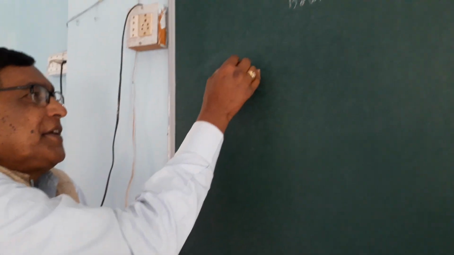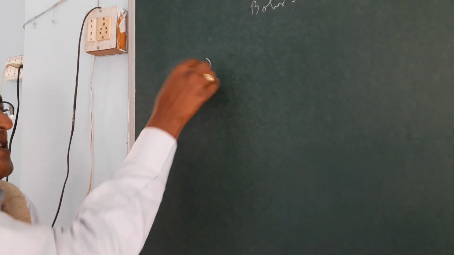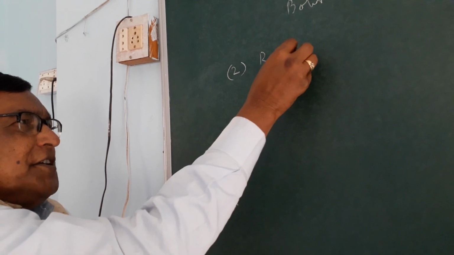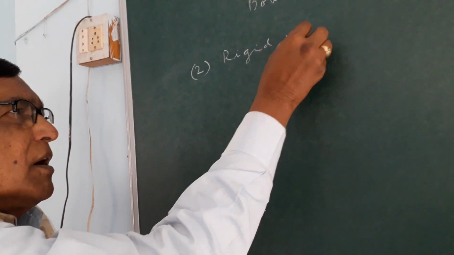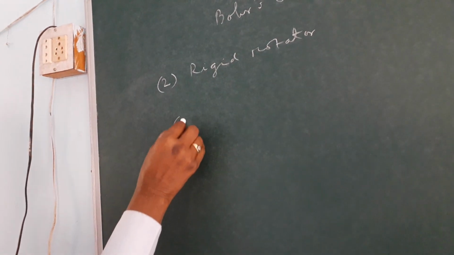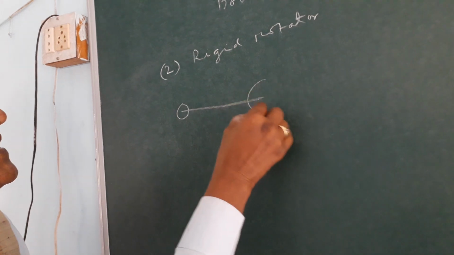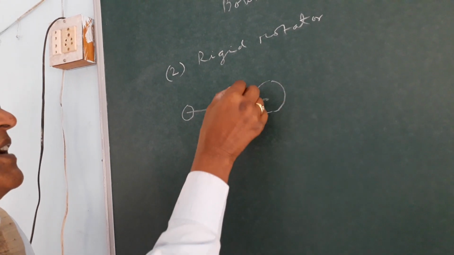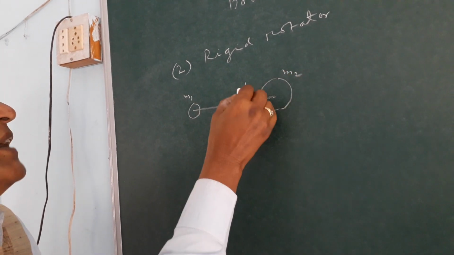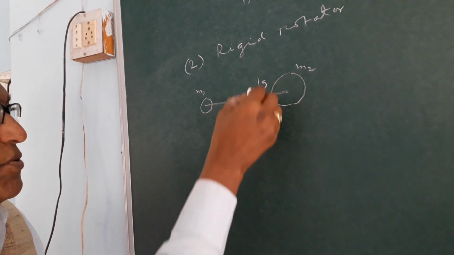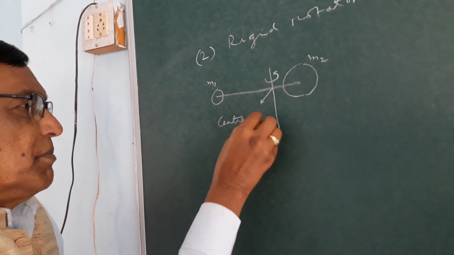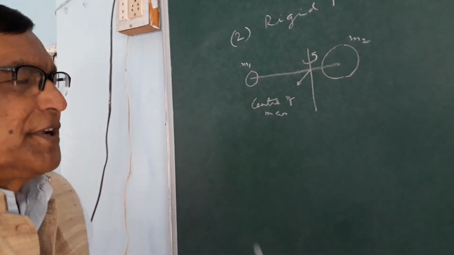Now I illustrate this Bohr's correspondence principle for the rigid rotator, the free axis rigid rotator. Already I have discussed this rigid rotator: this is m1, this is m2, and this is the axis passing through the center of gravity, the center of mass, and it is rotating.